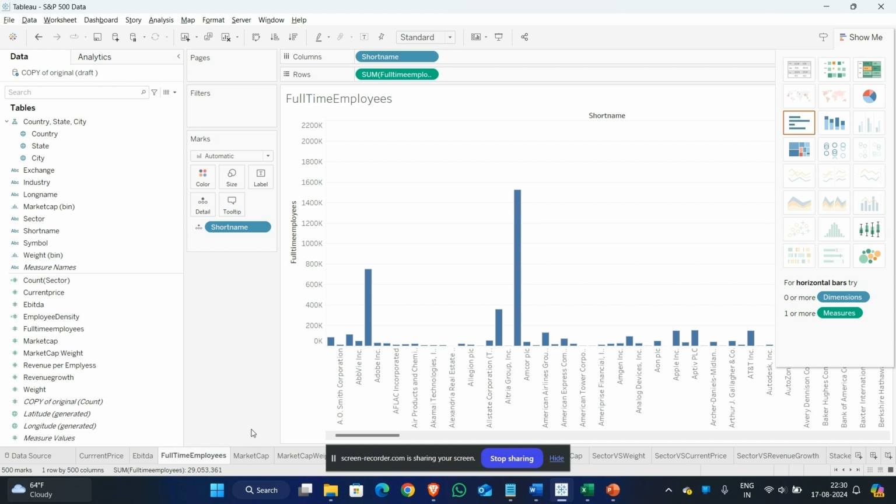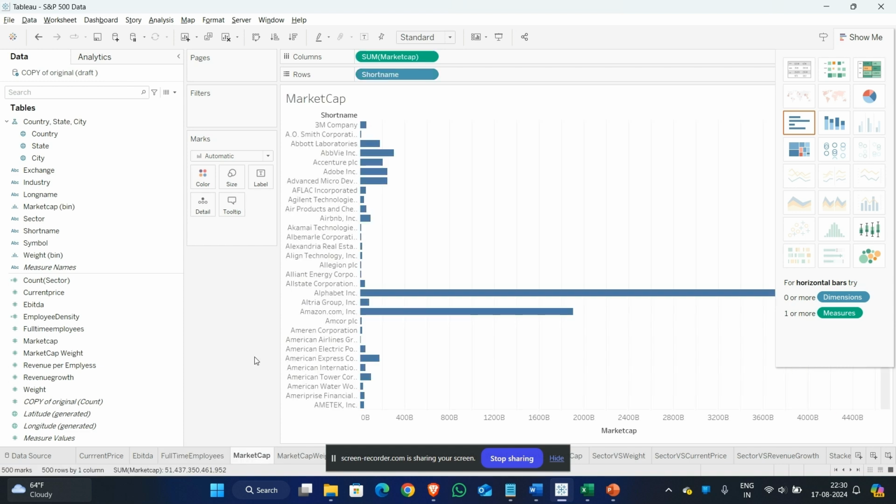And next, we're going to see the visualizations about market cap. I have used a bar chart for this one as well, where on the y-axis it was short name and on the x-axis market capitalization.